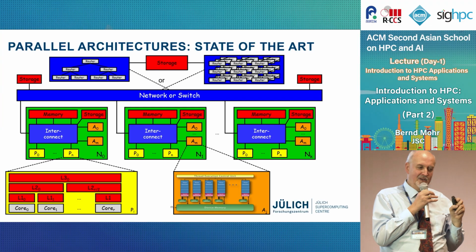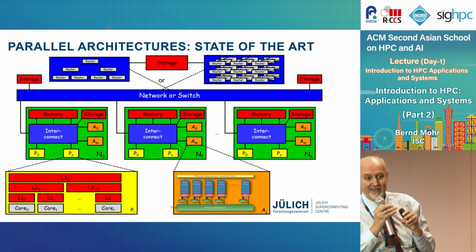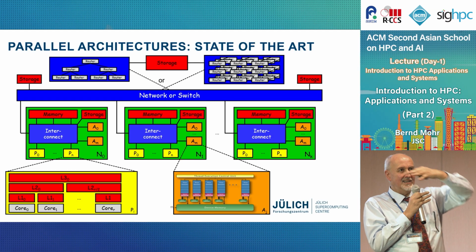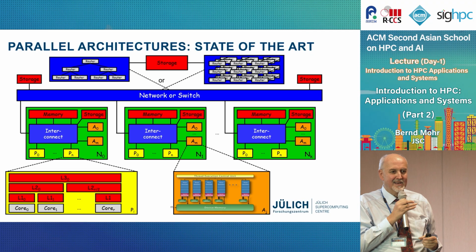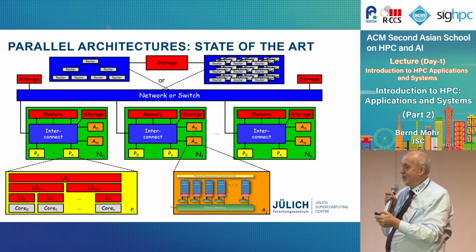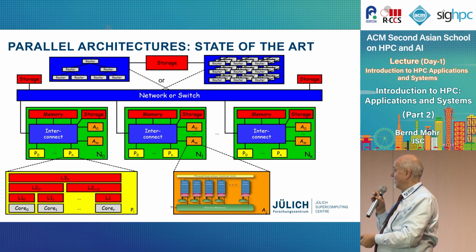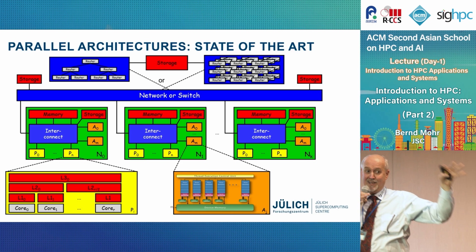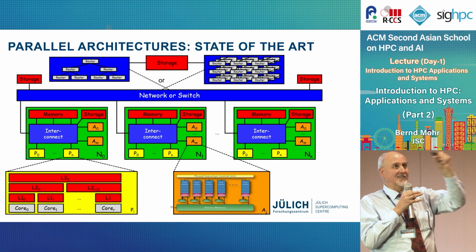So, I told you, your job is to write a parallel program, which means not only you have to distribute the data to the memory and the work to the processors in the most efficient way, but now you also have to say, okay, I can put it in this memory, I can make sure it's in the cache, or is it in the memory of the GPU? Again, how much do I put here, here, here? So it's not just, oh, I take the storage and every processor gets its slice.